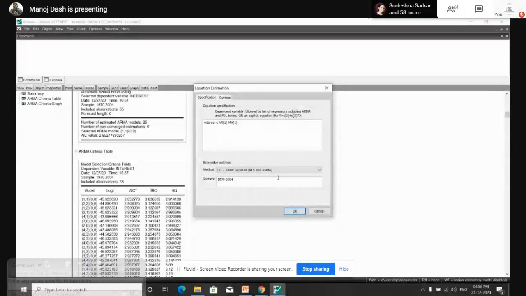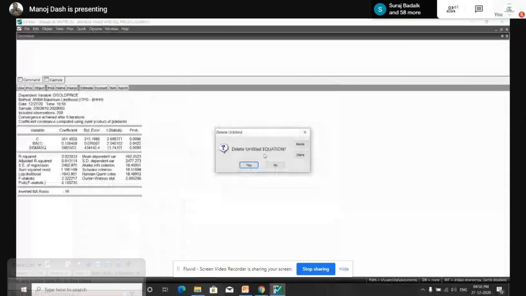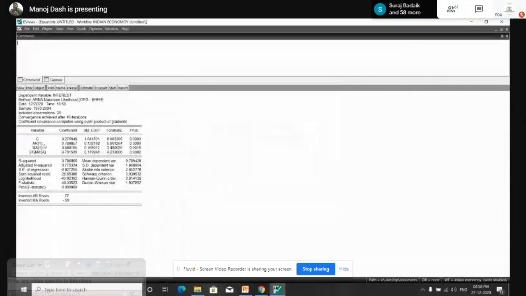So this is your output. Any doubt? And which is significant? So it means the forecast of next year's interest depends upon one autoregressive term of interest and one residual term of interest, which is significant. Clear? And alpha is 79%, and the Durbin-Watson statistic is also approximately 2. There is no autocorrelation now.